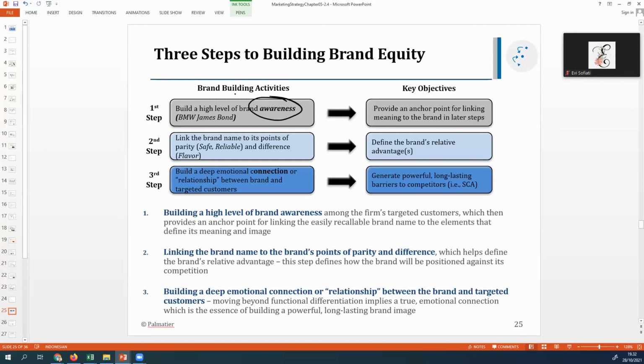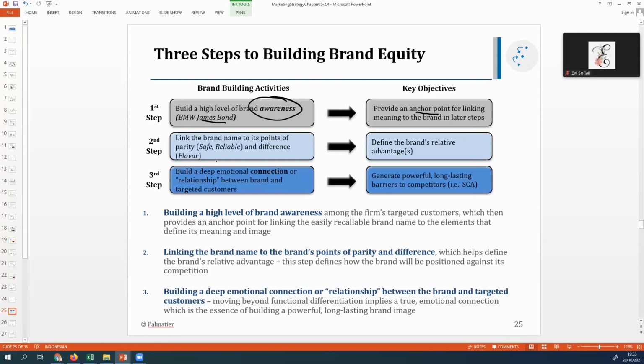So we need to make people aware. After the people are aware, we provide an anchor point such as BMW with James Bond. So people with the persona of James Bond will be more interested in buying the BMW.